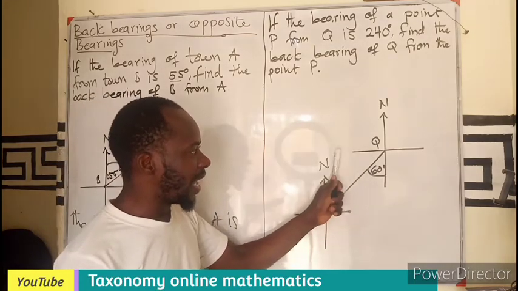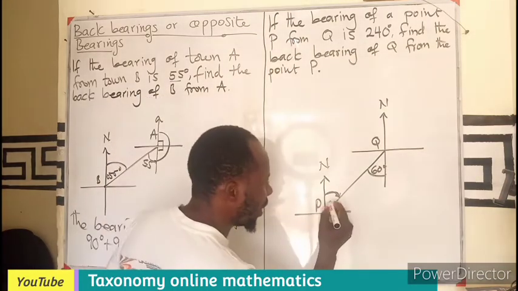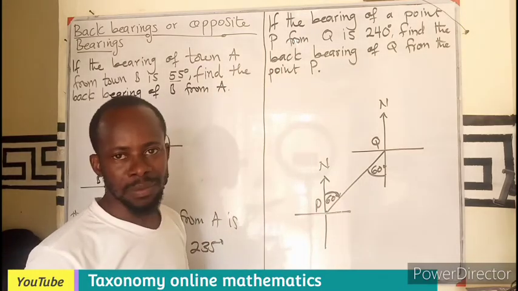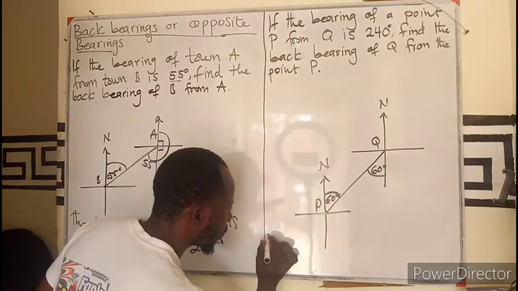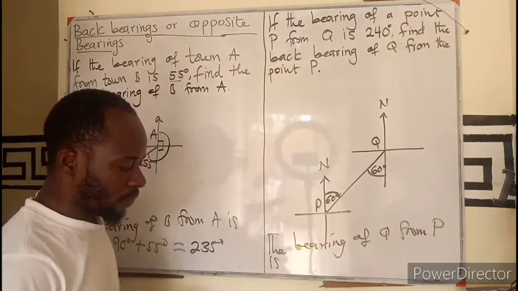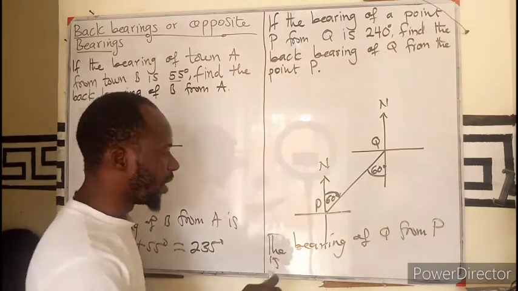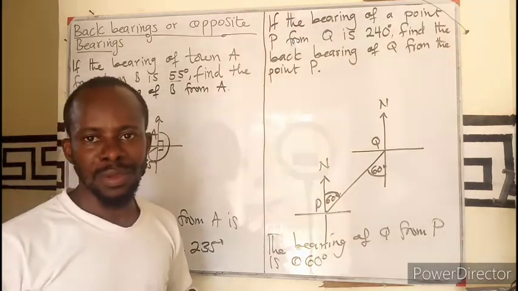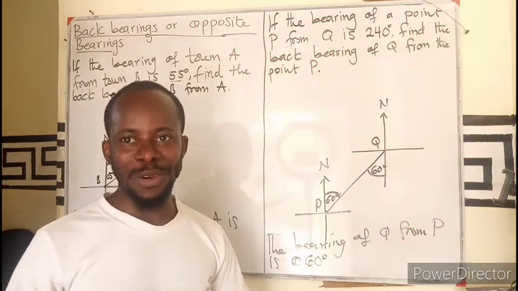I already know these are parallel lines with a transversal. So this angle also equals 60 degrees. So in short, the bearing of the point Q from P is just going to be 060 degrees. So simple, right? It doesn't need too much calculation.